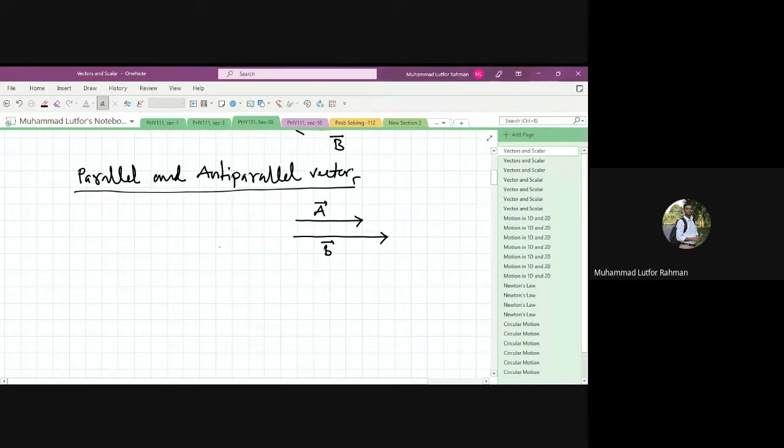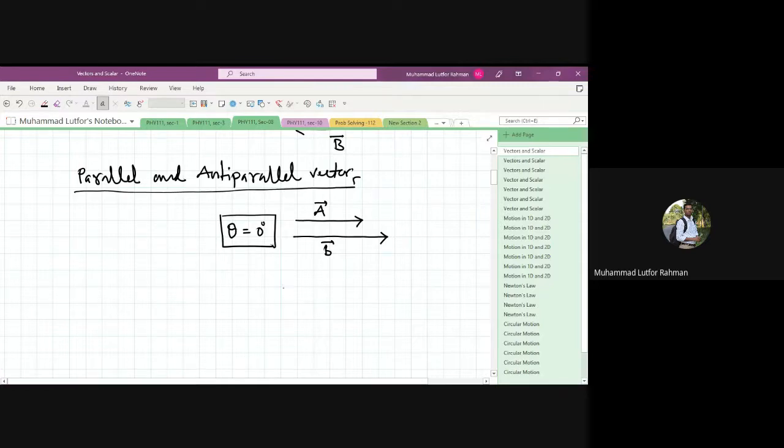There is a mathematical condition over here. The angle between these two vectors would be 0. So that means if the angle between the two vectors is 0, these two vectors would be parallel vectors. Sometimes they have equal magnitude, sometimes they have different magnitudes. Like over here, A and B have different magnitudes because the lengths of these are different.